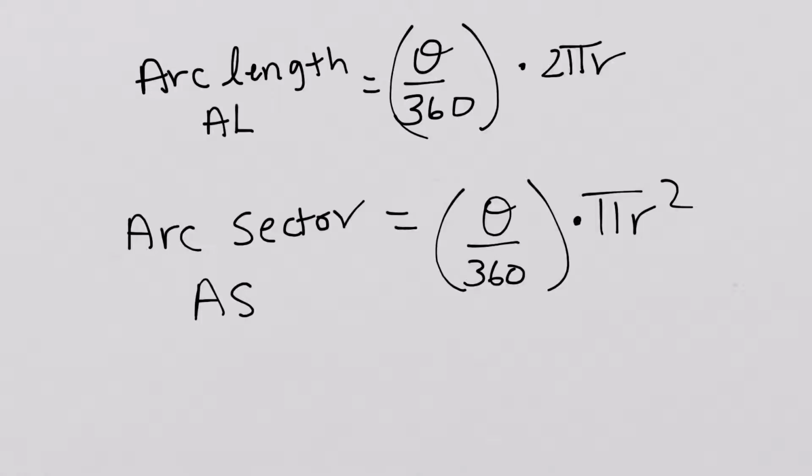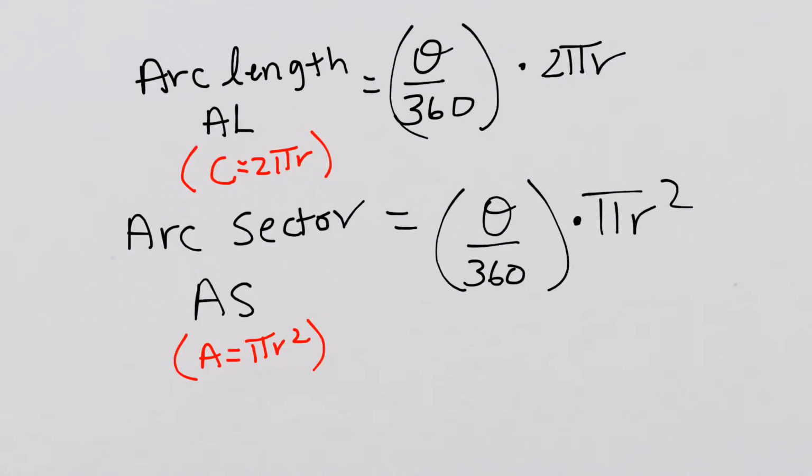And they are related to the area equation we were using earlier, and the circumference we were using earlier. So arc length is related to the circumference, and arc sector is related to the area.